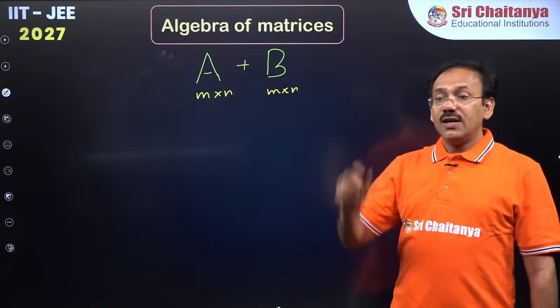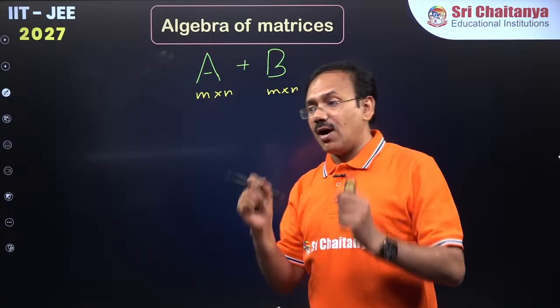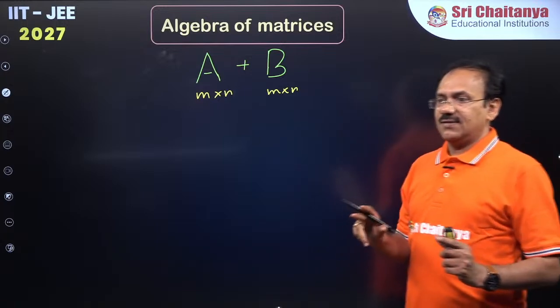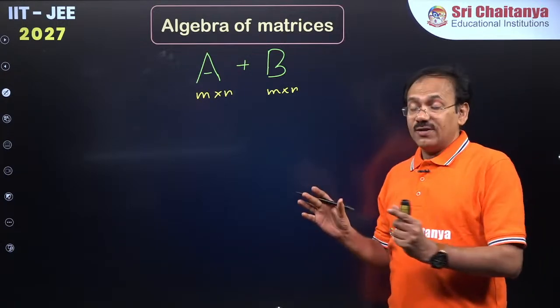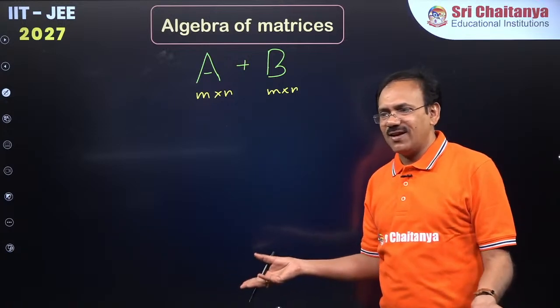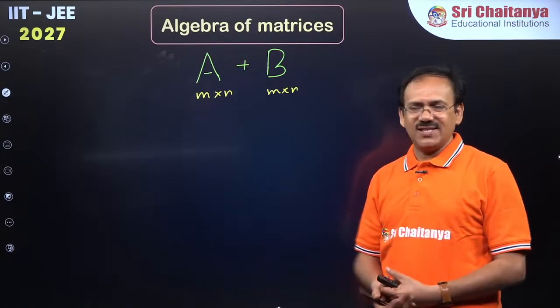Do remember, if 2 matrices have the same order, then only we can add. If they have different order, we cannot add. Addition is not possible, we'll say.